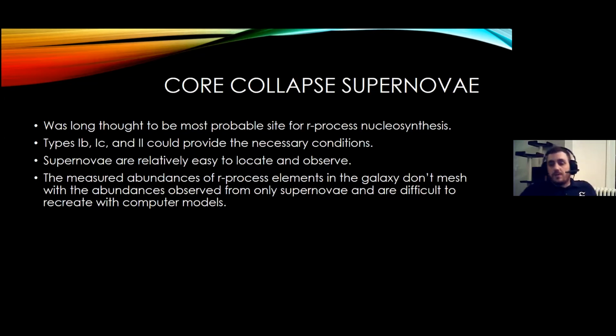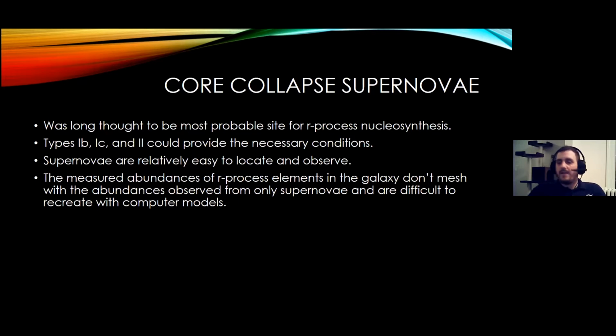We can observe the electromagnetic spectrum information coming from them, take some images, and learn about the abundances of the elements coming from them. But when we do that, we find that the measured abundances of these r-process elements in the galaxy don't really match up with the abundances that we observe from the supernovae.